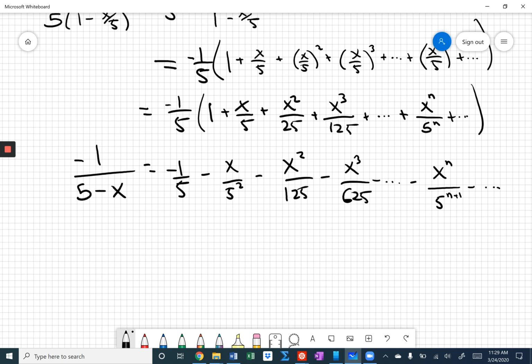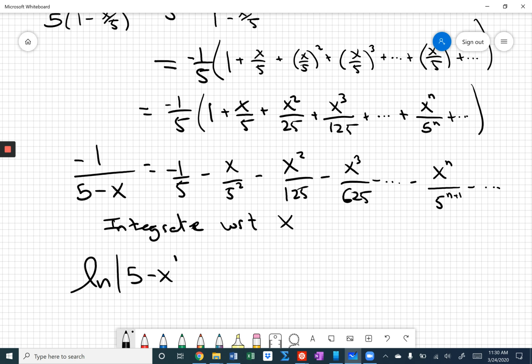And so now we're going to integrate both sides with respect to x. And on this side, as we've already worked out, we're going to end up with the natural log of the absolute value of 5 minus x. And then over here, we're going to get a constant.